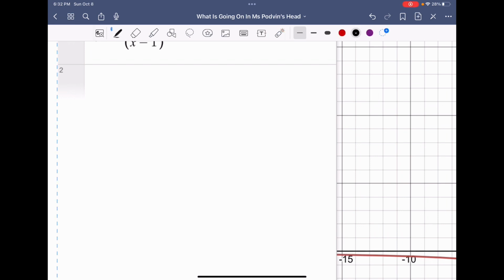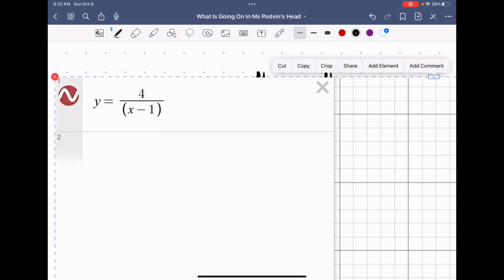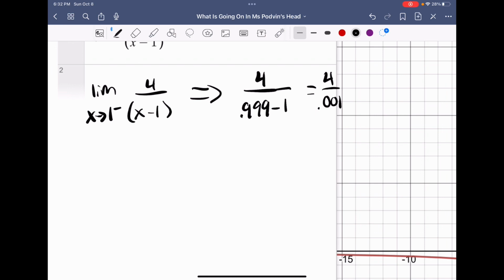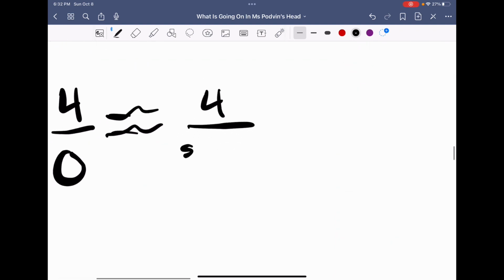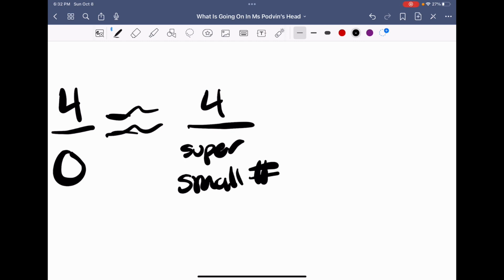We're getting so close that we're almost dividing by 0. But we know it's not actually going to be 0. It's going to be some super, super small number.